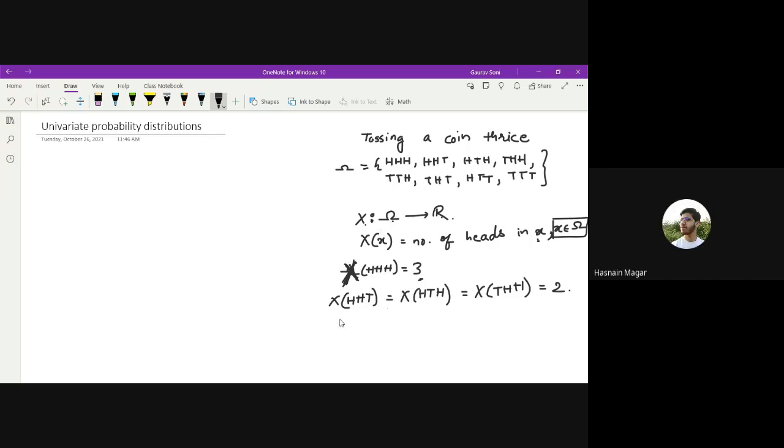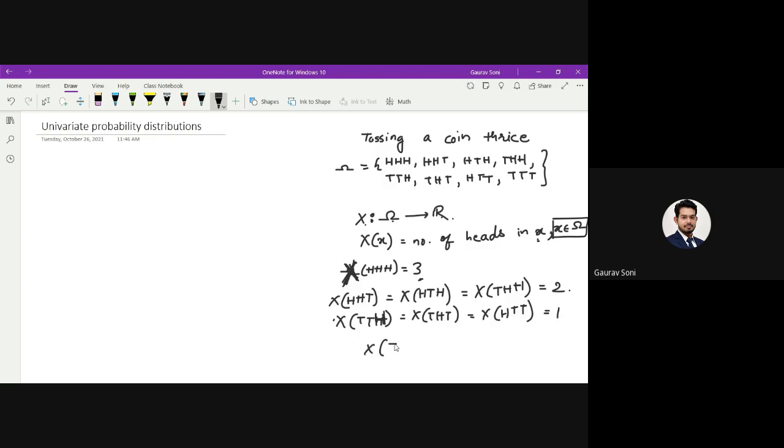So the next one, X of TTH is equal to X of THT is equal to X of HTT. What is this? 1.